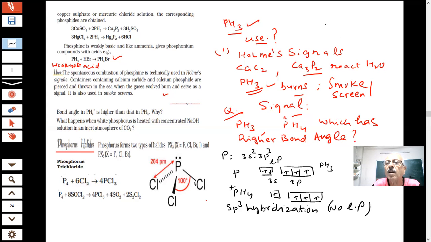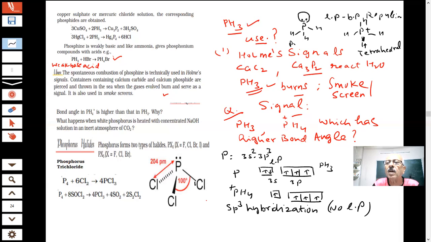But in PH4+, it is tetrahedral, which will have a higher bond angle.